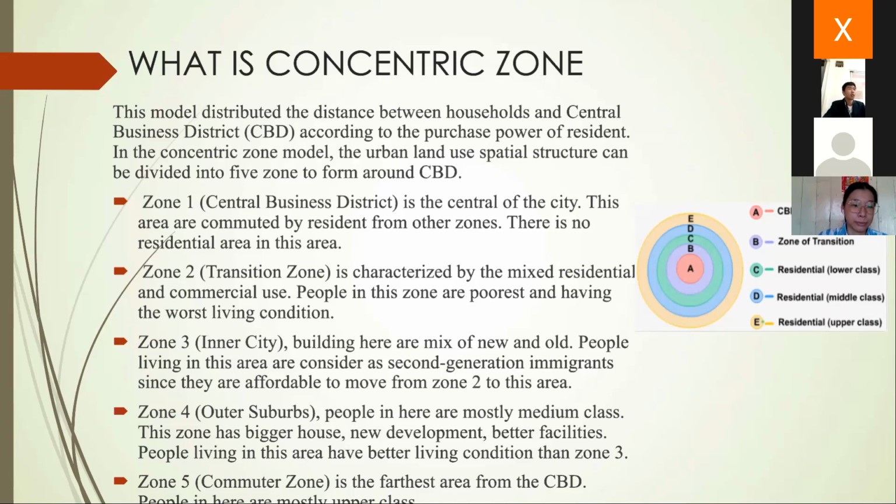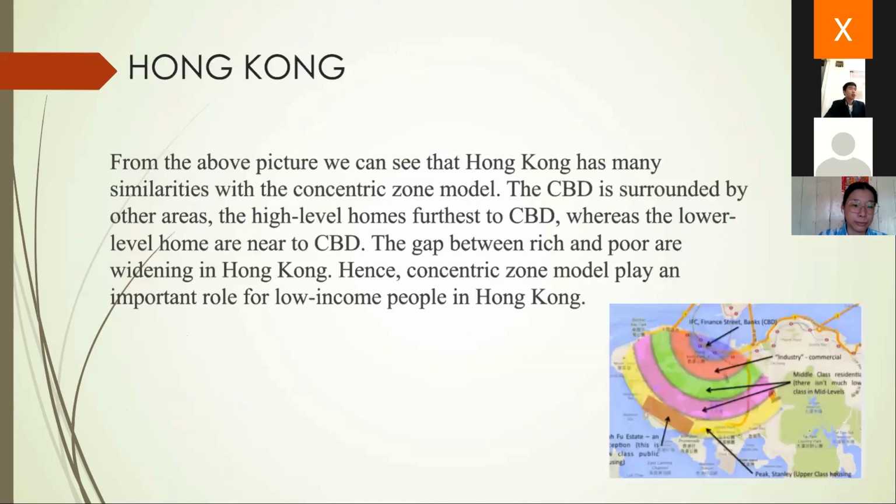around the CBD. For example, Zone 1 is the Central Business District, Zone 2 is the Transition Zone, Zone 3 is the Inner City, Zone 4 is the Outer Suburbs, and Zone 5 is the Commuter Zone.